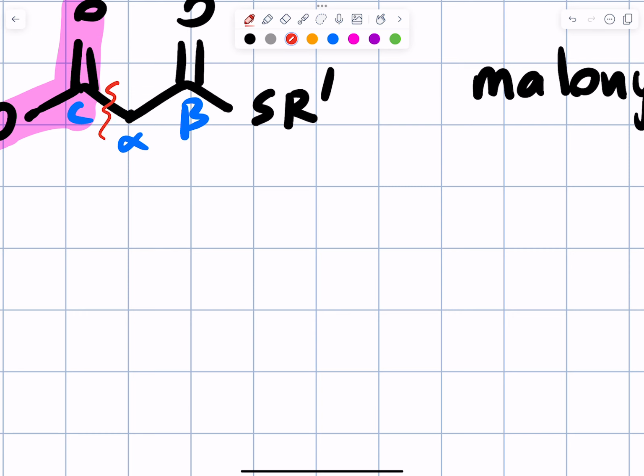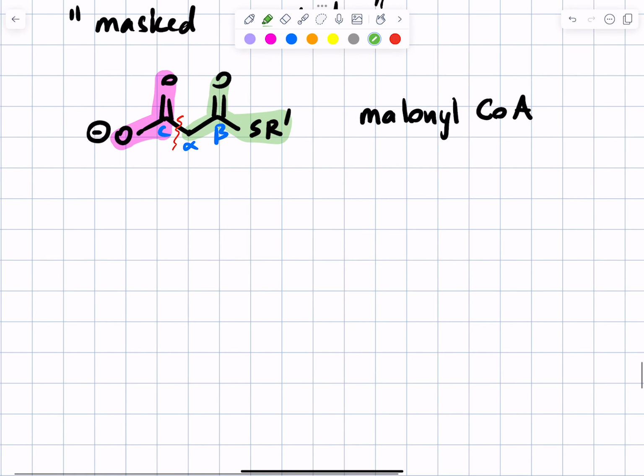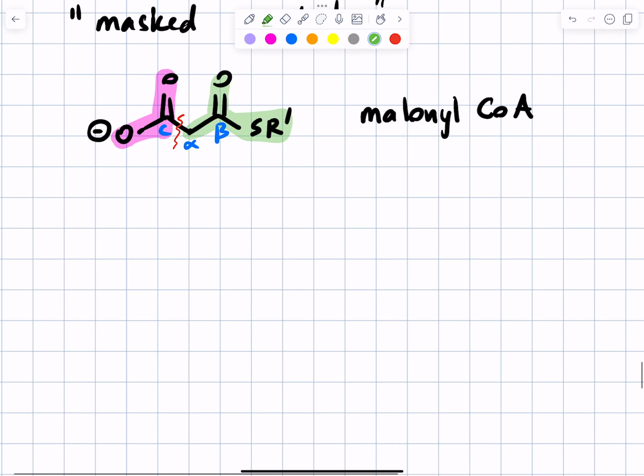This is the bond that's going to break, and this is what's going to be left when it breaks. And if the electrons on the oxygen kicked down and kicked off the green group, what would it leave as? And the answer is it would leave as an enolate.